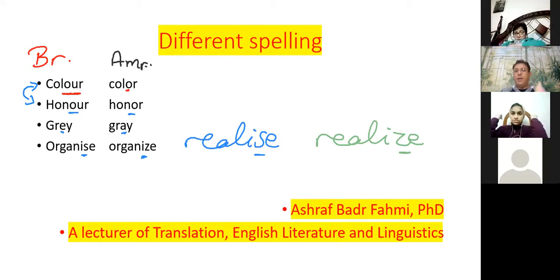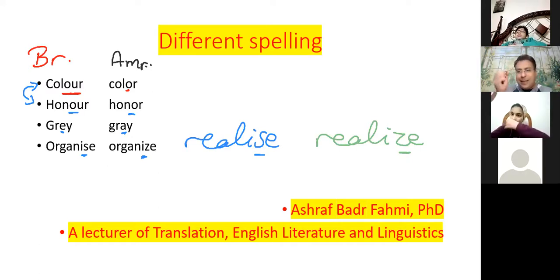So we have difference in pronunciation, we have a difference in some words, and we have difference in spelling. It's the same word, not different word. It's the same word, but it's a different spelling.